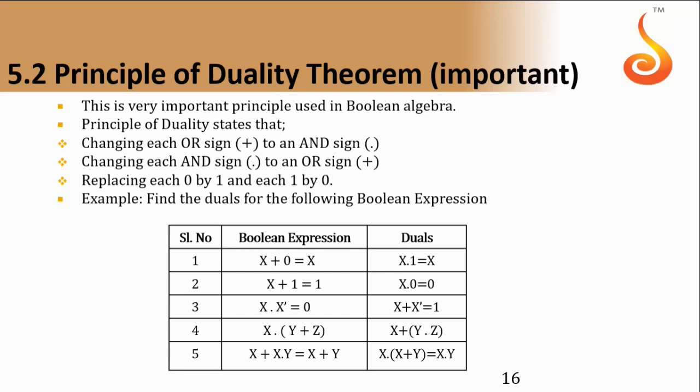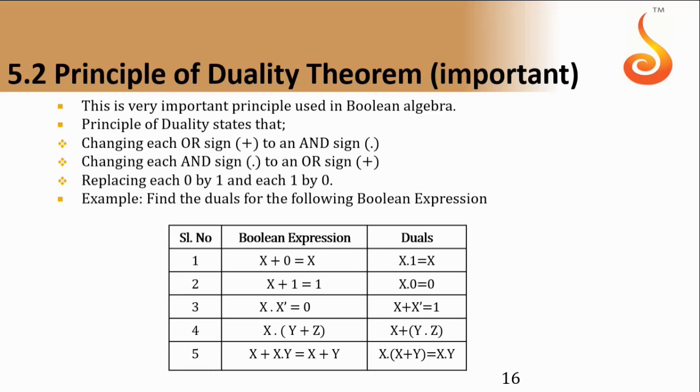The second one is changing AND to OR. So when you are writing, write it as four different statements. Each statement would carry half mark. Don't write it as changing OR to AND to OR. It makes sense, but when you're writing in your exam, write it explicitly in separate steps.